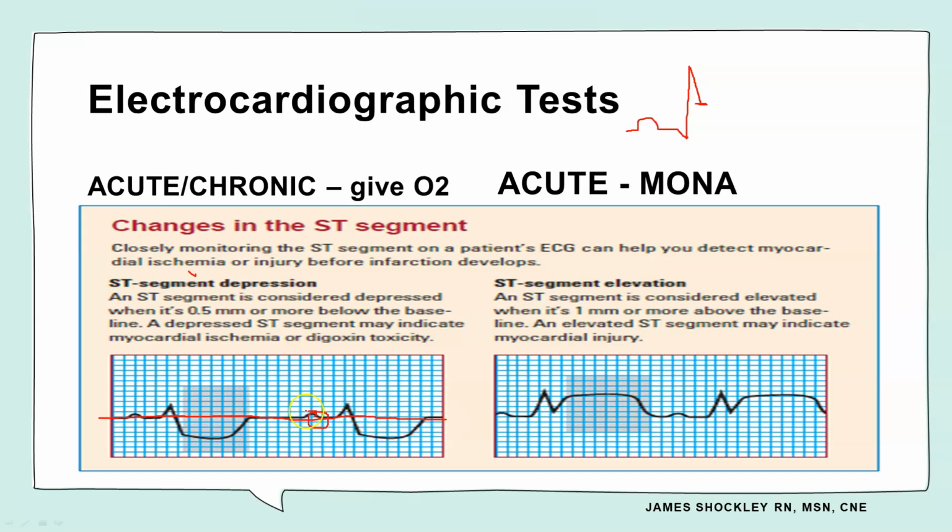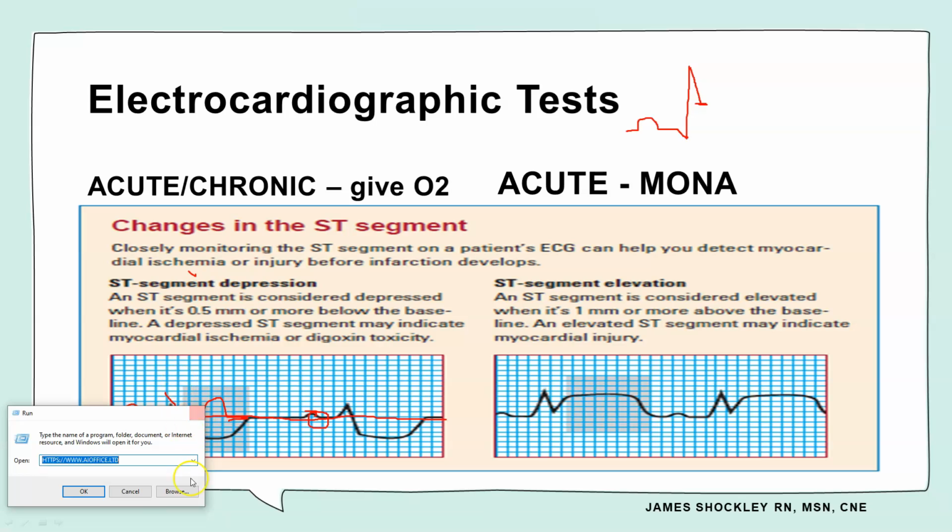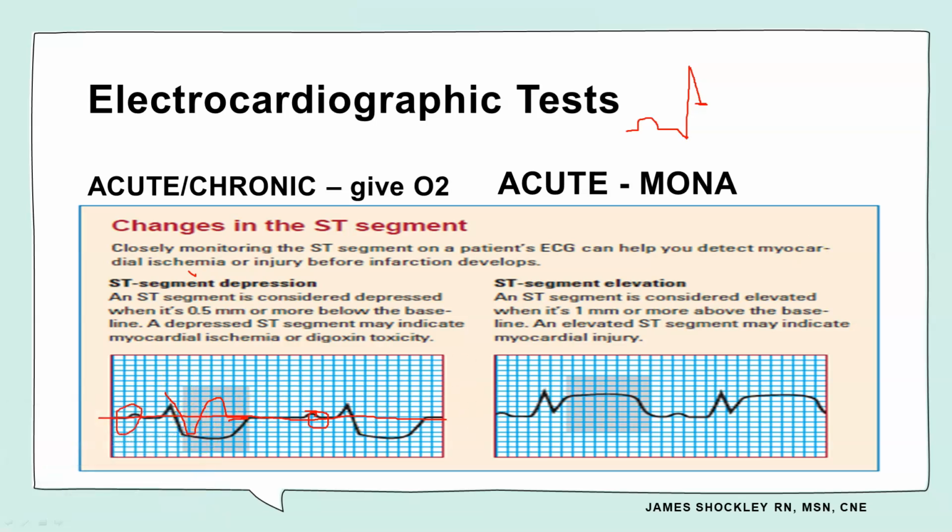I've got a P here and a P here. This S comes below that isometric line but never returns to it, because that's what I would expect, something more like what I drew there. Versus ST elevation, where again we're still looking along the same isometric line.